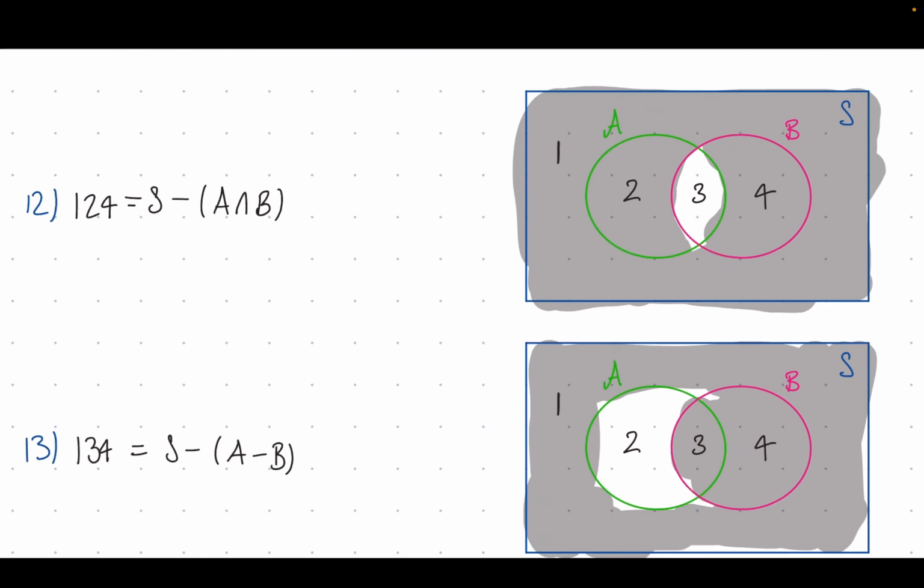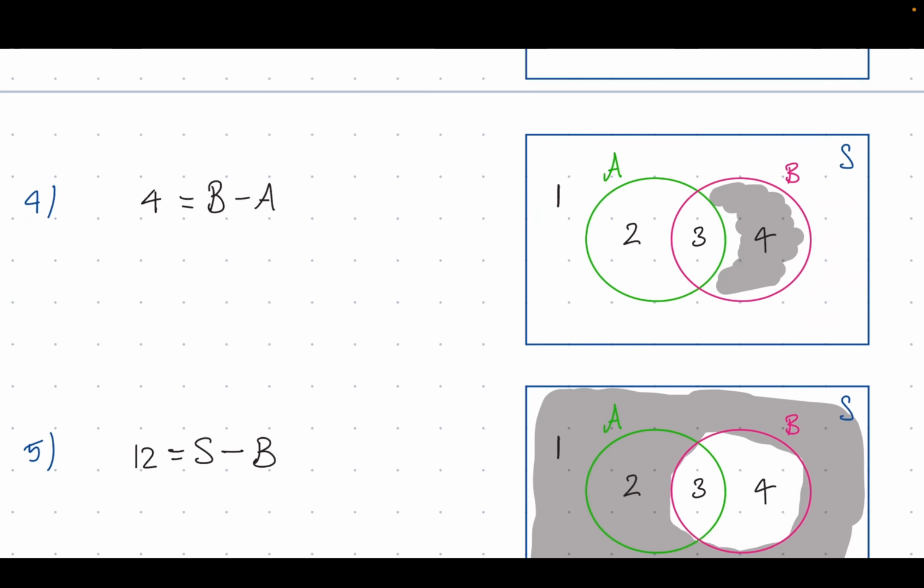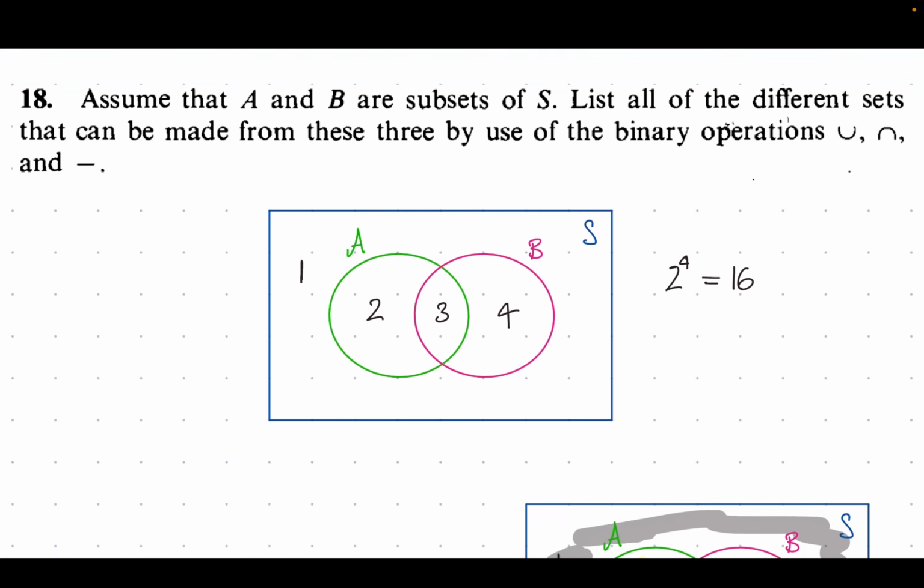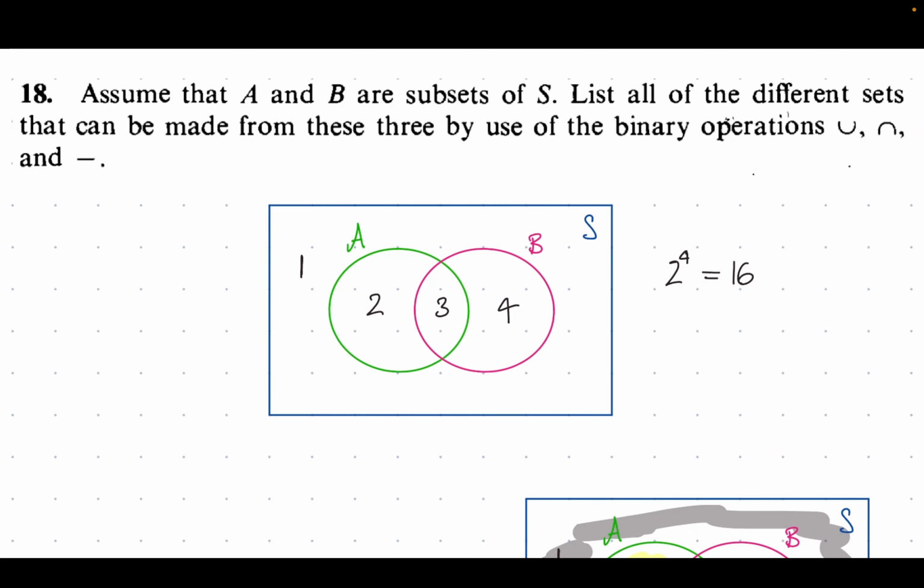At least this is my interpretation of what Enderton was asking, because I have to say this is kind of an ambiguous prompt in my opinion. Like, list all the different sets that can be made. I mean, if you just keep going, well, I guess they are equal. Up to equality, I think we've listed all the sets that we can make by using these binary operations.